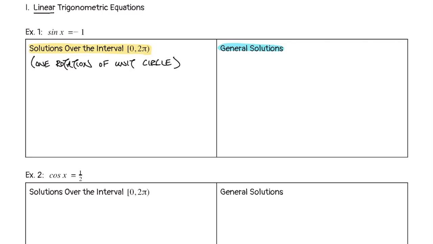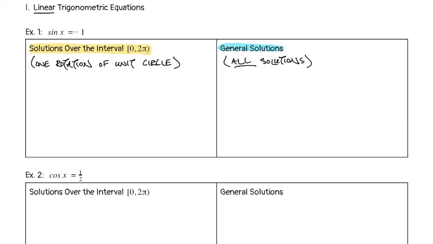Whereas general solutions are going to allow us to find all solutions, no matter how many times we go around the unit circle, we'll be able to tell where we should stop, okay? All right, so let's get started with this question.